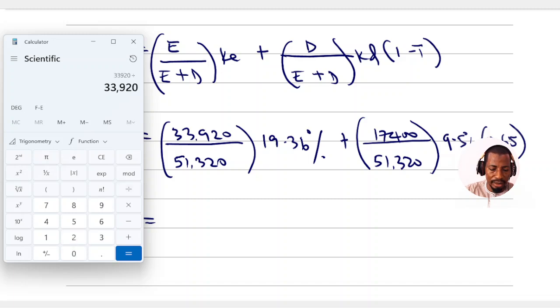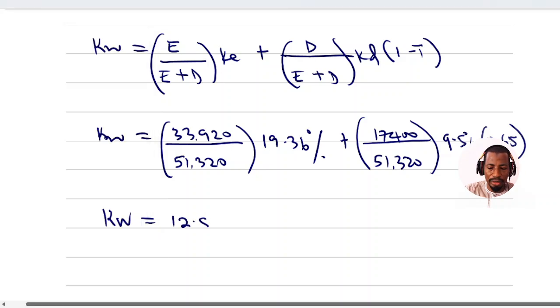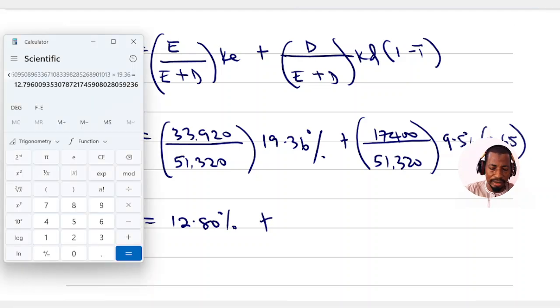33,920 divided by 51,320, then multiply by 19.36, that's 12.8. So this is 12.80% plus the other side. The other side is 17,400 divided by 51,320, then multiply by 9.5, multiply by 0.65, that's 2.09%.